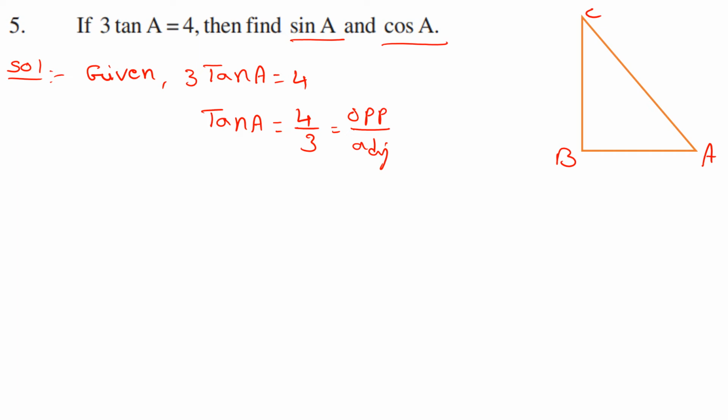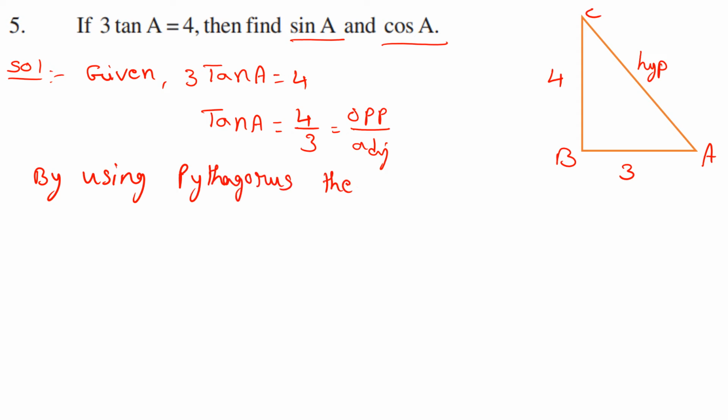Now tan A equals 4 by 3 equals opposite by adjacent. So write here 4 is opposite, 3 is adjacent. Now we need to find the hypotenuse here. By using the Pythagoras theorem, hypotenuse square, that means AC square equals AB square plus BC square.